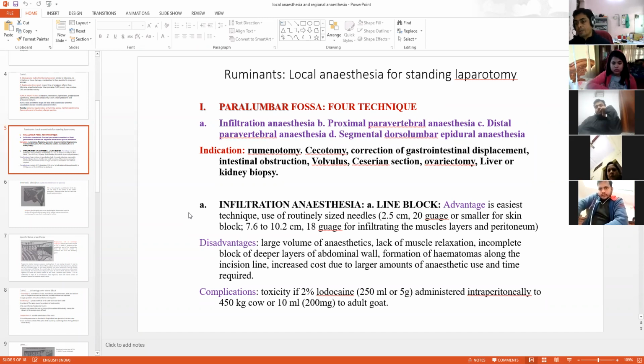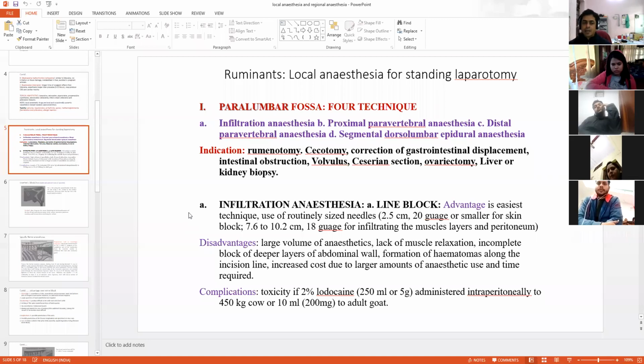Disadvantages: a large volume of anesthetic is required. Definitely, if you are going to infiltrate local anesthetic in a line, then a large volume is required. Another disadvantage is that the muscle relaxation which is very much required for surgery is not properly achieved, meaning there will be a lack of muscle relaxation.